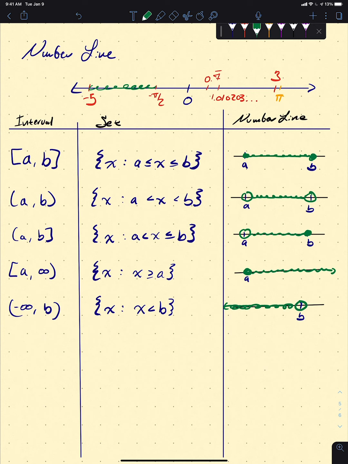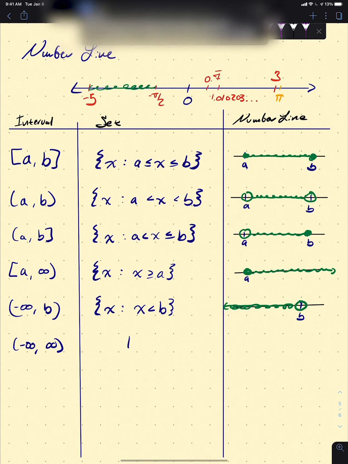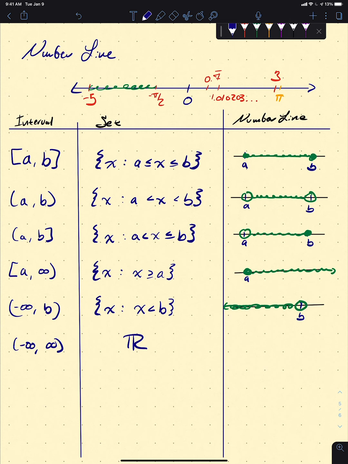If you were to talk about everything, negative infinity to infinity, well, that would be the whole set R, the whole real line colored green. We can also talk about unions of intervals, because intervals are sets.